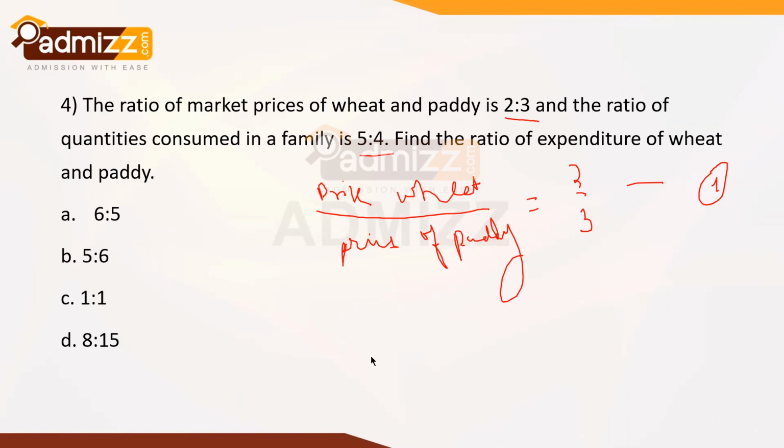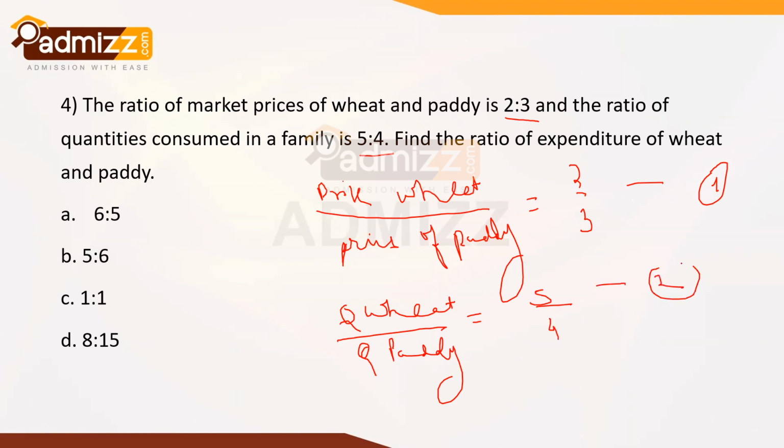We also have quantity. I'll write that as Q of wheat and Q of paddy is equal to 5/4, which will be equation number 2.